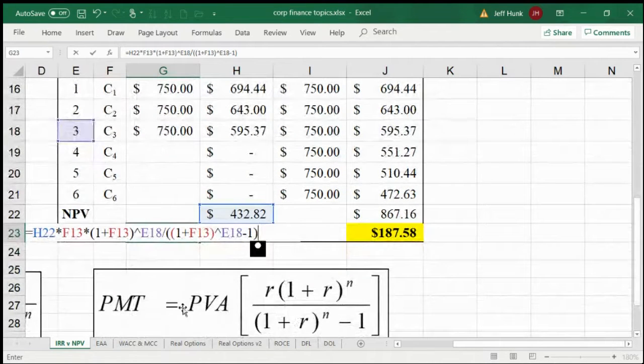Check the formula, right? That's what it is: PVA times R times (1 plus R) raised to n over the whole denominator, which must be enclosed in a parenthesis: (1 plus R) raised to n, E18, minus 1.